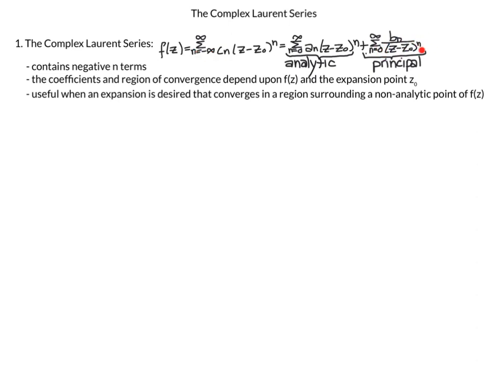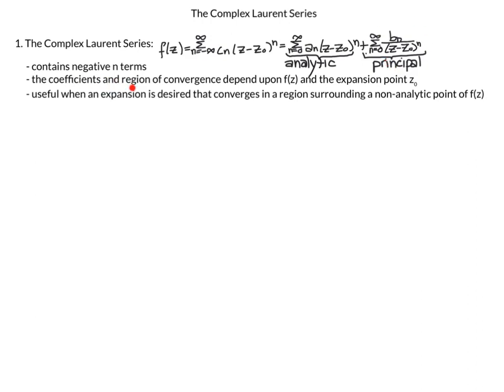That's how I reflect the fact it's a negative exponent. And I like this because it's just more visual to me. This is often called the analytic part because this doesn't have the zeros or the singularities that the principal part has. So this is called analytic, and this is called the principal part.